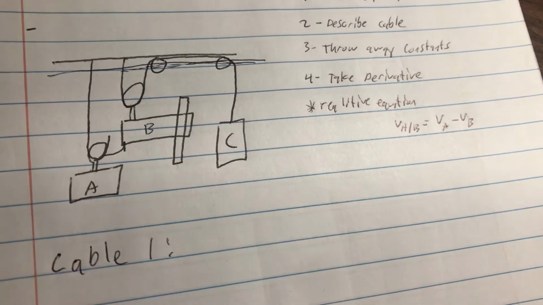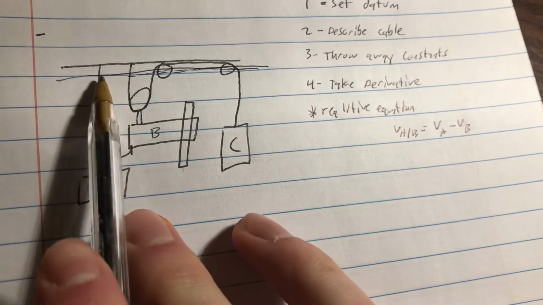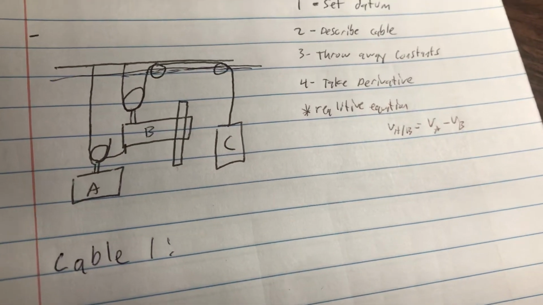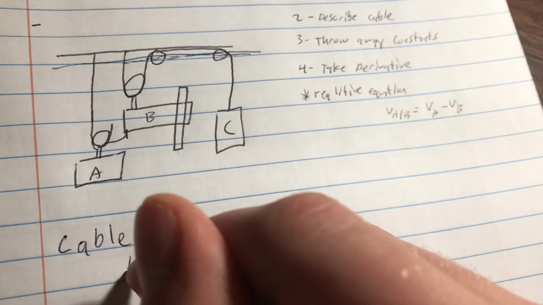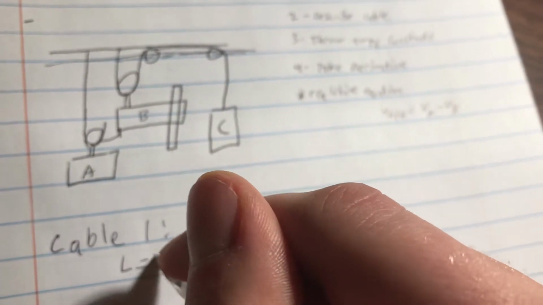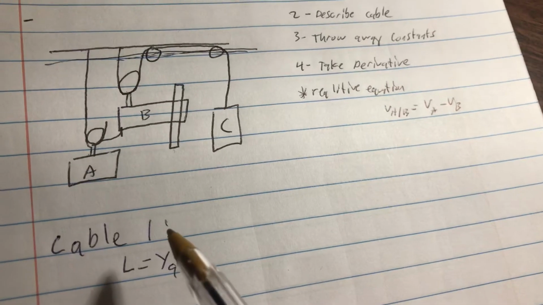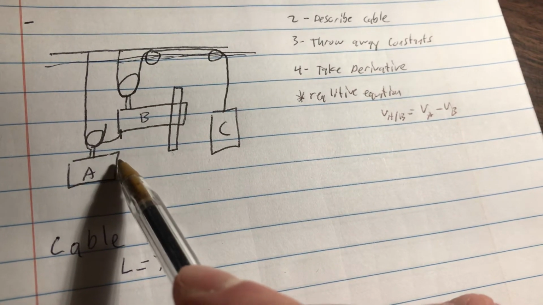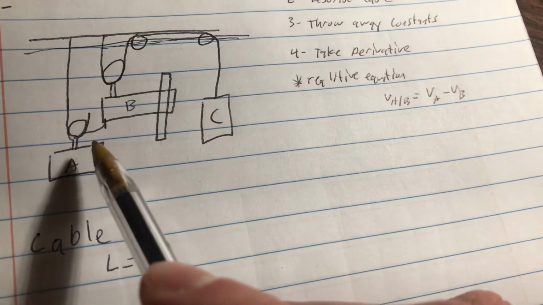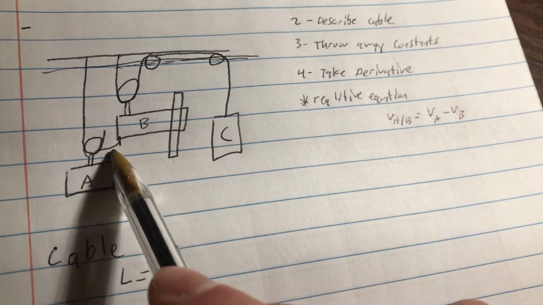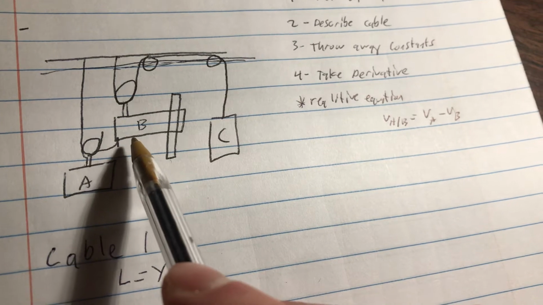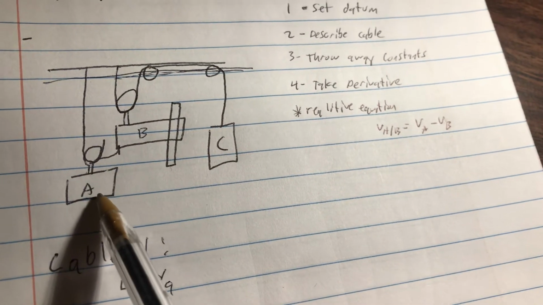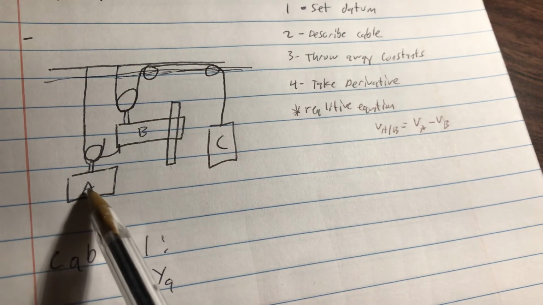So we judge it from the datum. From the datum, it goes to A, so I have some distance y to A. So I'm going to say L equals YA. Is that it? Well, I also have this piece that goes to here, and be careful not to be confused. This is not a constant. This can change. Imagine if B was more up, then this would change, and A could stay the same.